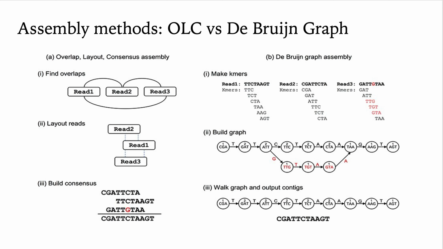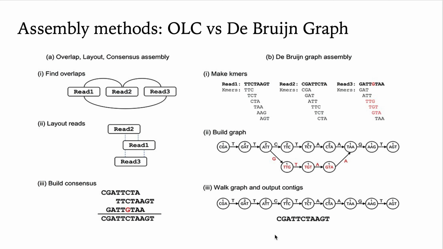De Bruijn graphs are a little bit different. They build graphs with branches, and so instead of just eliminating your divergent sequences, it will actually graph them out, as you can see here, and show where they diverge, and then show where they reconverge. And then you can take those graphs and use them in various ways.